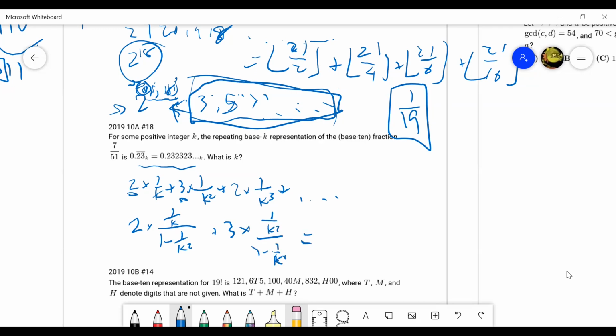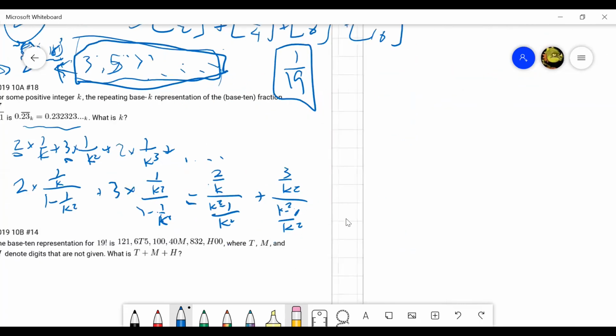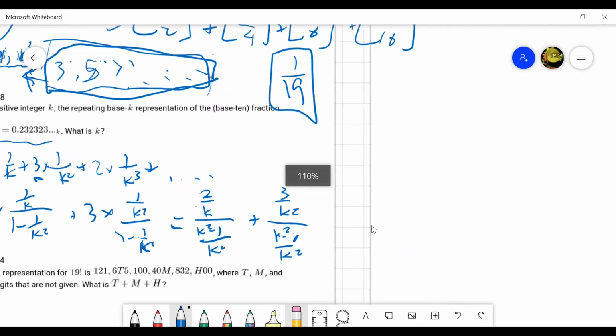And you can simplify this down. This becomes, let me think. Just this. And I can just use algebra and that'd be it.